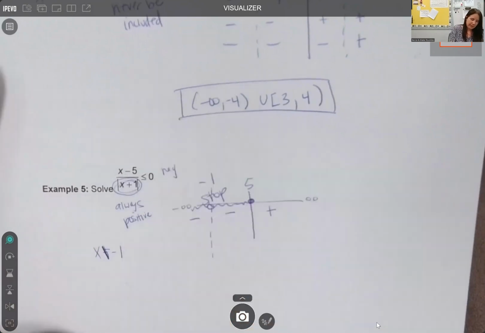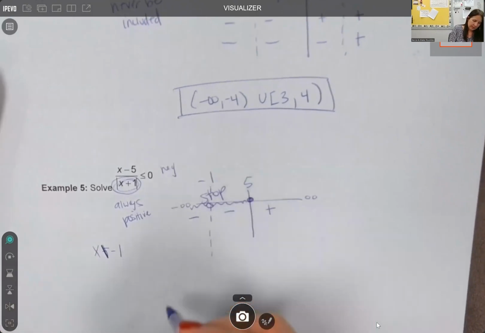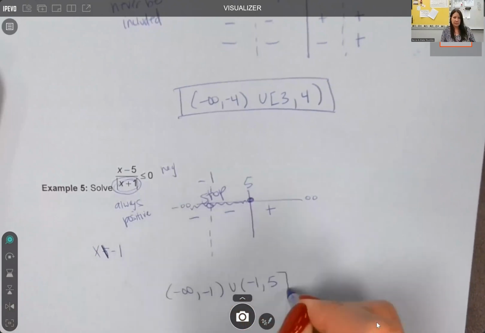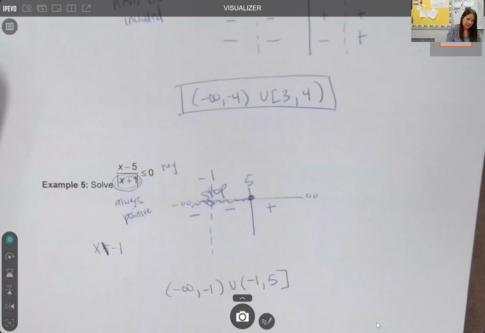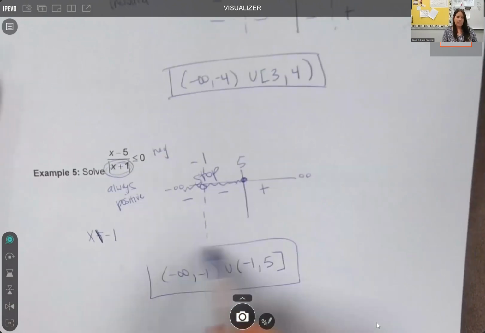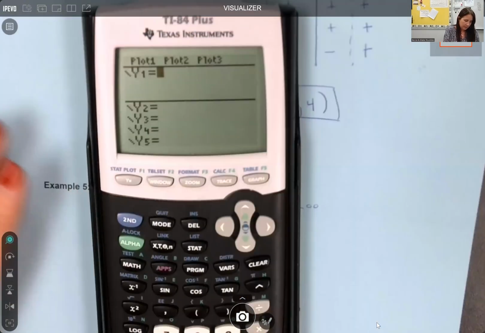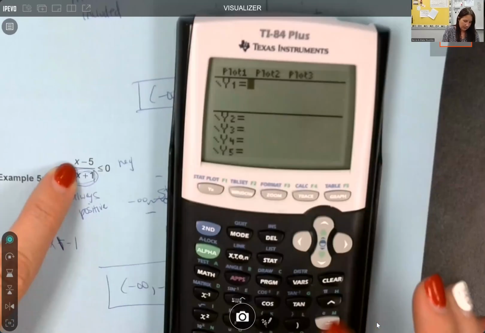So when I'm doing negative for this, it's going to go negative infinity to -1, and then -1 to 5, and 5 is a bracket. So it will be negative basically for the whole graph until 5, but it is going to stop and just be an asymptote.